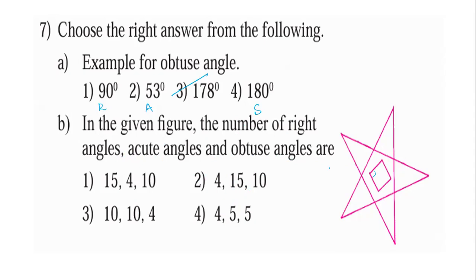Acute angles 3, 6, 9, 12, 15. 15 are there. Obtuse angles 1 to 10. 10 obtuse angles are there. Therefore, option B is the right answer.